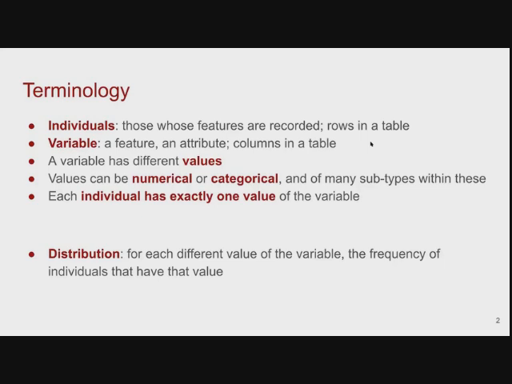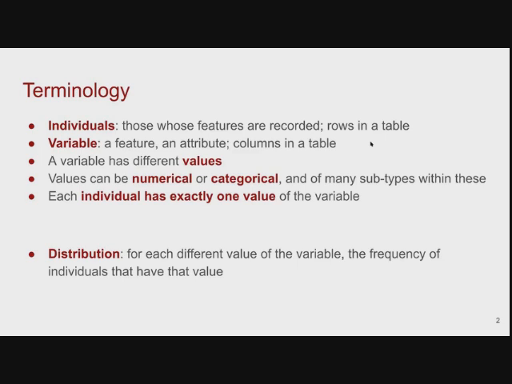The third thing here, as you can see, is that the values themselves can be numerical or categorical, or many of the subtypes within this. Based on the way that we're presenting here, we pretty much have two biggest categories of values or variables. One is numerical, the other one is categorical.